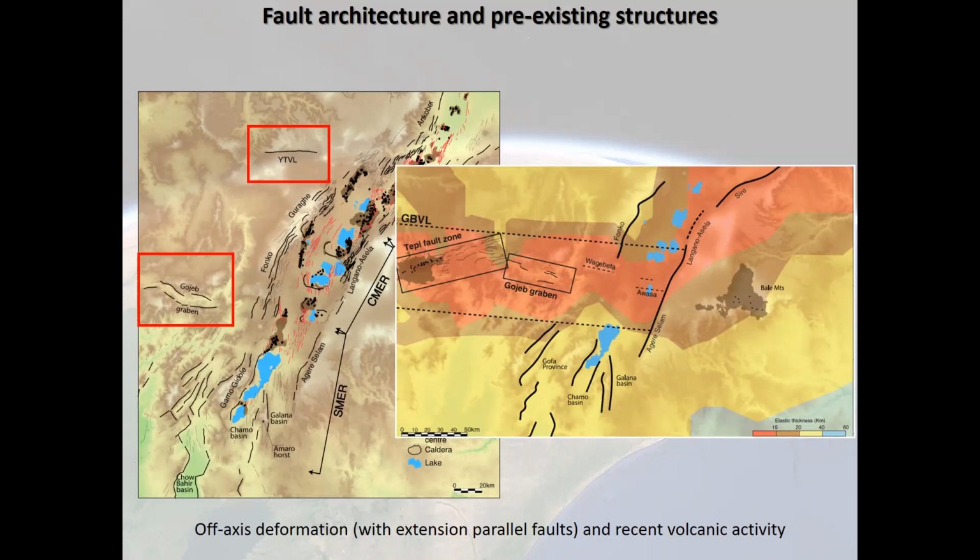This is normally related to the existence of what I showed you before, this large transversal pre-existing weak zone, which has controlled these characteristics of off-axis deformation.